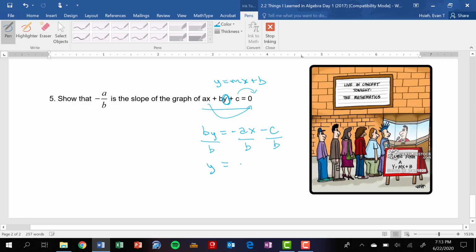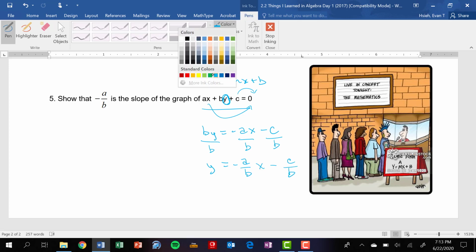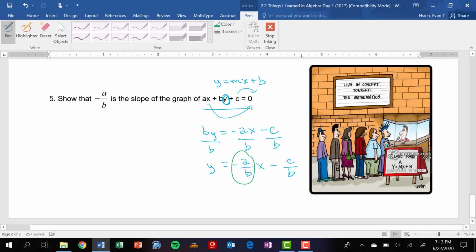So I get y is equal to negative a over b times x plus c over b. And so here, hopefully you can see that my slope, because this is my m in the mx plus b, my slope is just going to be negative a over b. And that's showing that the slope is that.